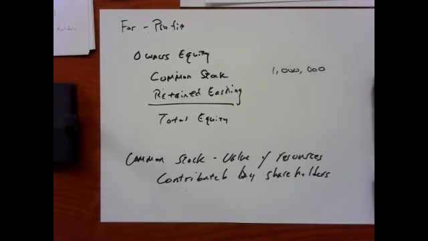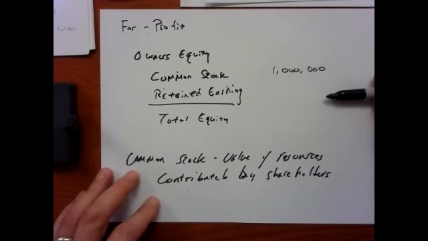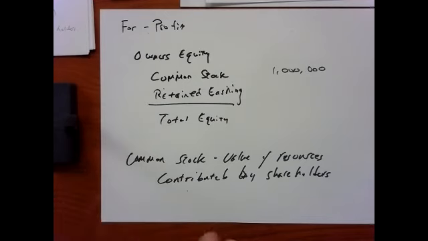Each share of stock has a nominal $10 value, right? So we have 100,000 shares. Caitlin has 50,000. Megan has 50,000 shares. The number of shares doesn't matter. What matters is how much money they contributed to the organization. That becomes the common stock value that we capture here on this line.